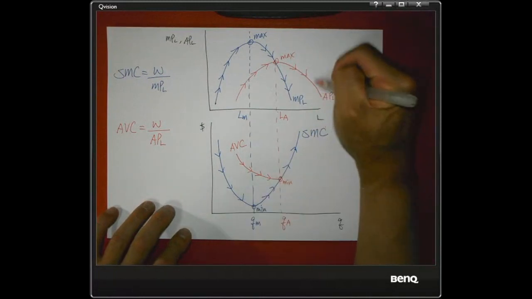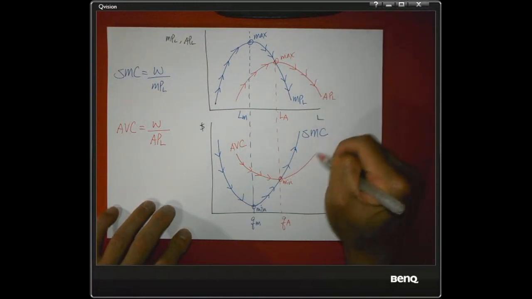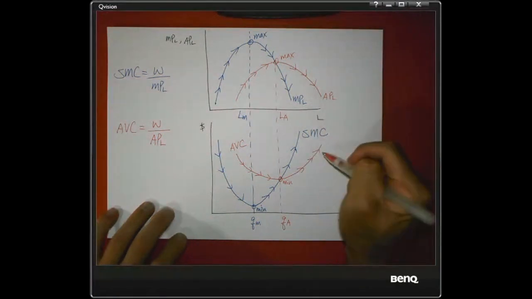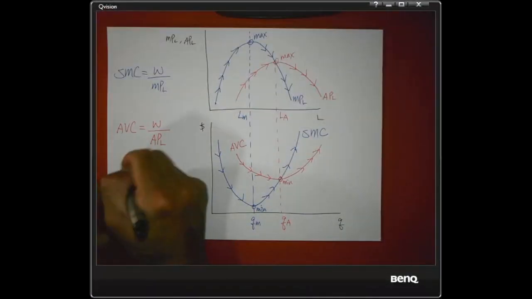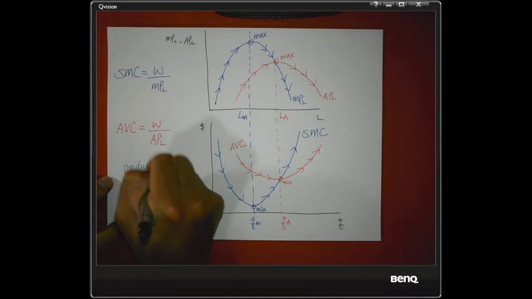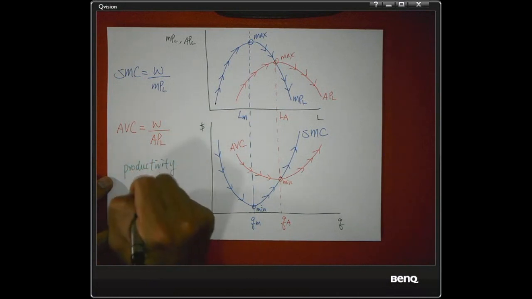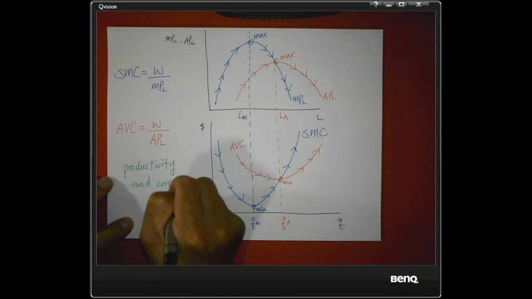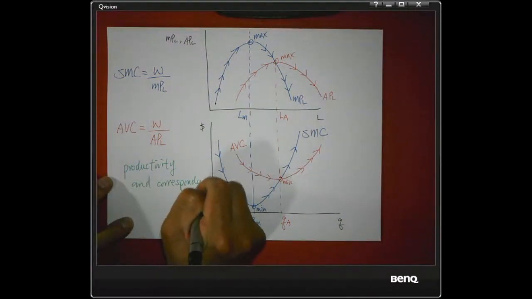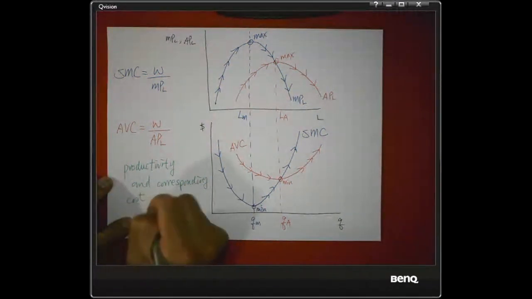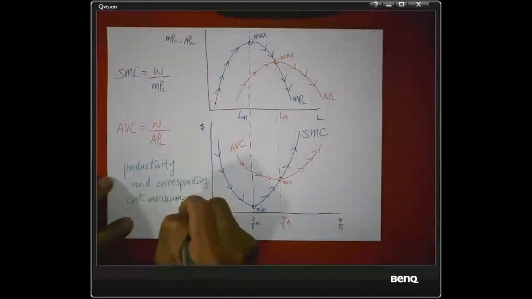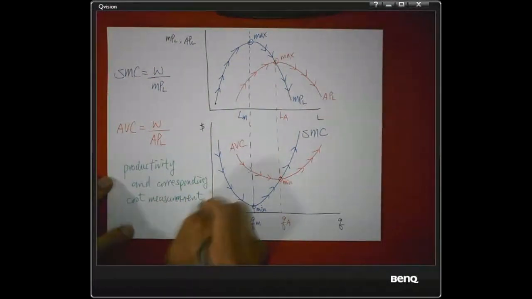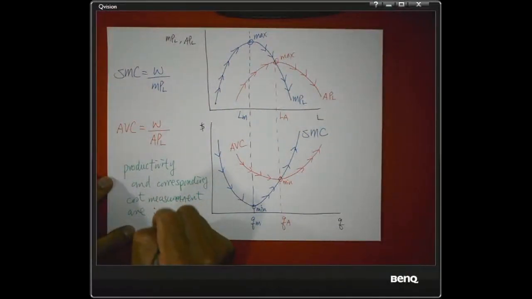And when average product of labor is falling, then the average variable cost must be rising. So, productivity and the corresponding cost measurement are inversely related.